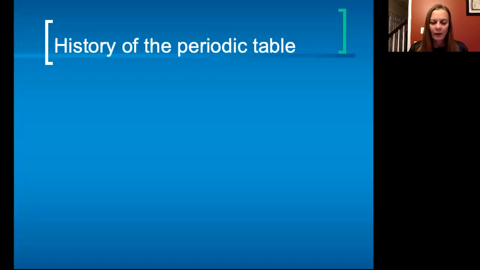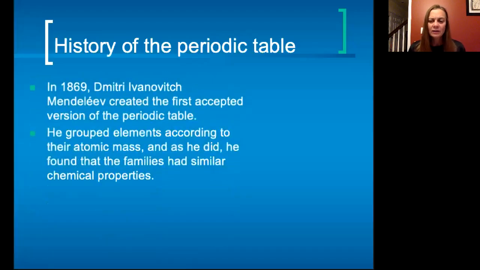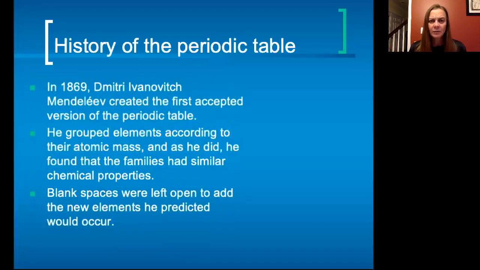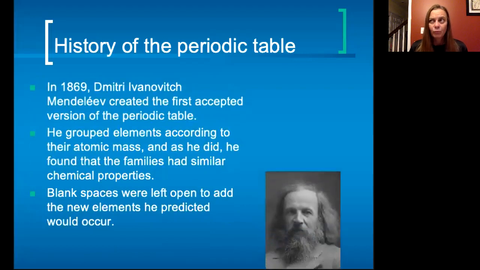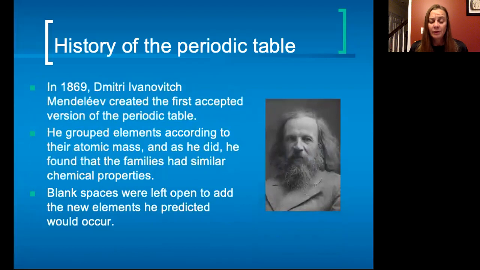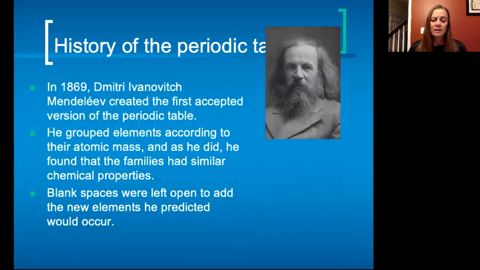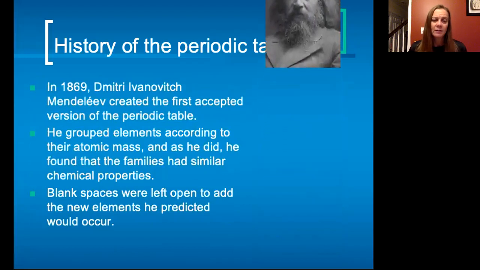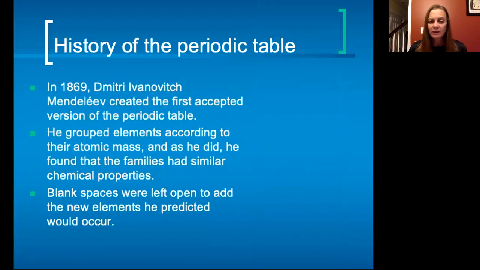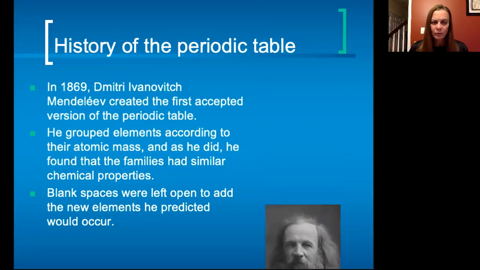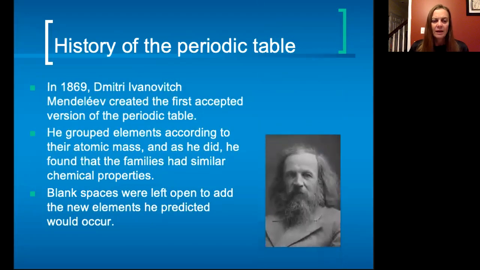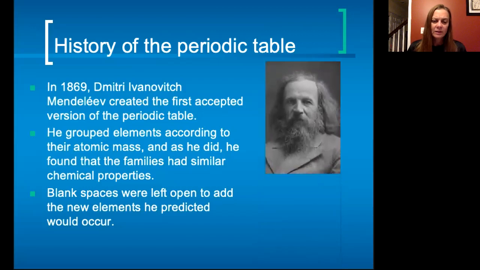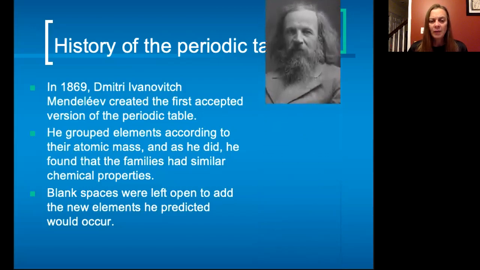Okay, so how did we get here? Let's talk just a little bit about the history of the periodic table. One of the early periodic tables, and the one that we generally say is the basis for a modern periodic table, was created by Dmitry Mendeleev in 1869. He was grouping elements, as many chemists at the time were doing, by atomic mass. And as he did, he noticed that there was a repeating pattern.